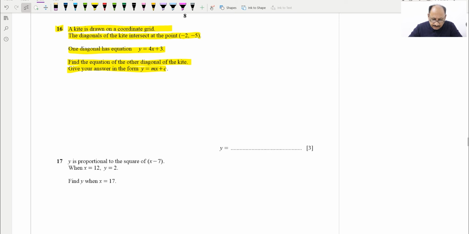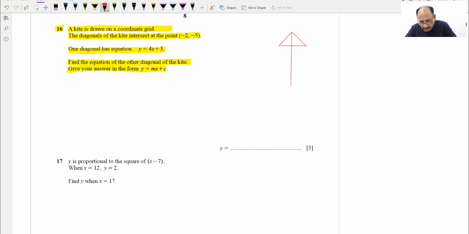So quickly, if we draw the kite roughly, we can take two diagonals like this one, and draw the kite also, one side and the other side.